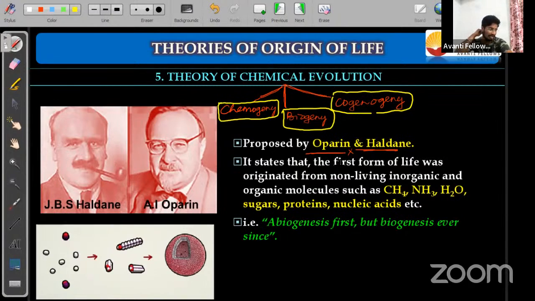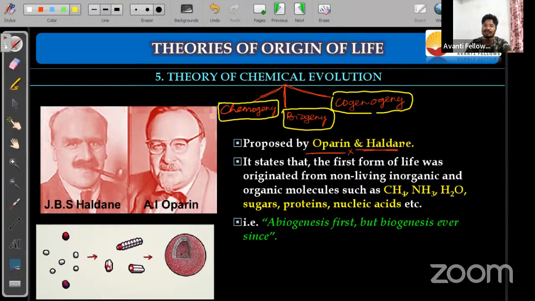Okay, so this particular chemical evolution theory was given by Oparin and Haldane. They created an environment which was similar to the early Earth condition. Not exactly Oparin and Haldane conducting the experiment: this chemical evolution theory was proposed by Oparin and Haldane. The experiment was conducted by Miller.